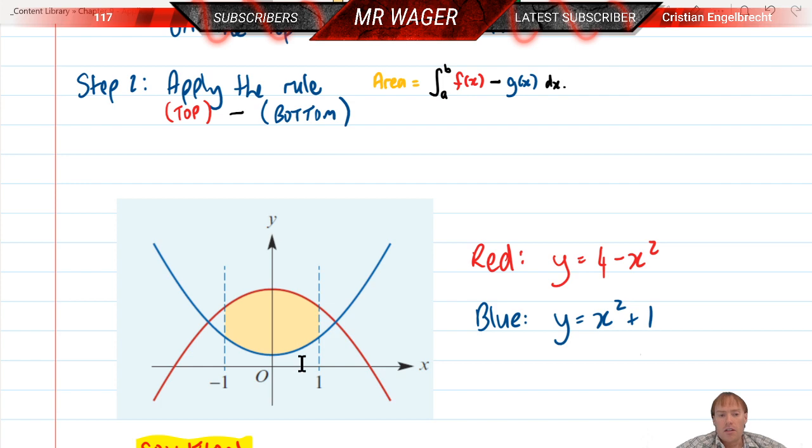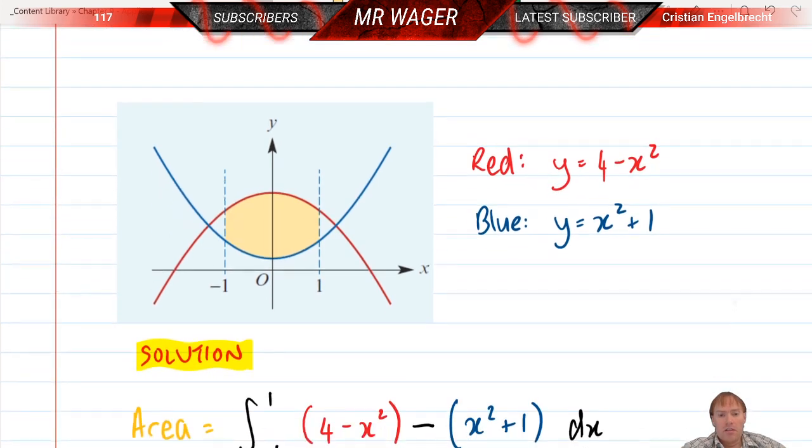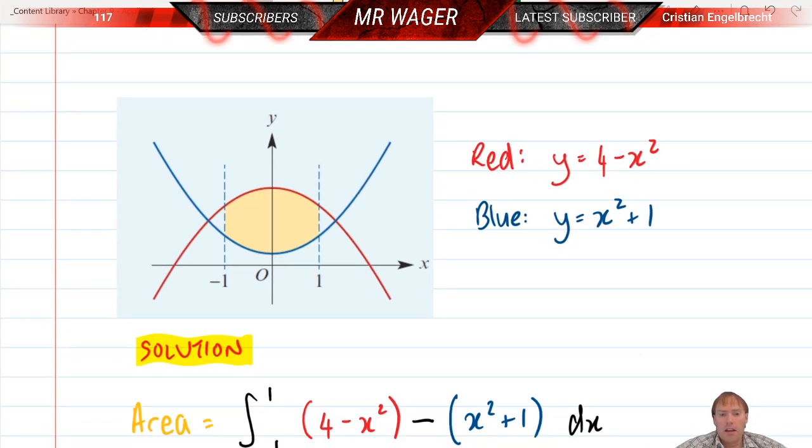Essentially what we're trying to do is work out the definite integral between -1 and 1 of our top function, our top graph, which is 4 minus x squared, and we want to take away the bottom function, x squared plus 1.